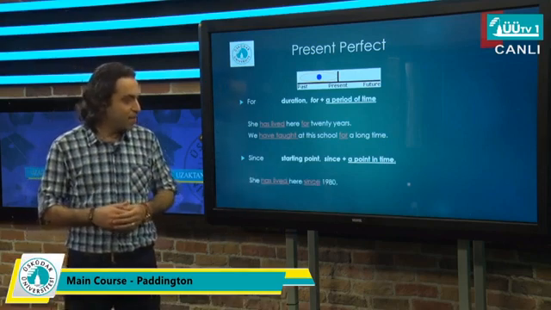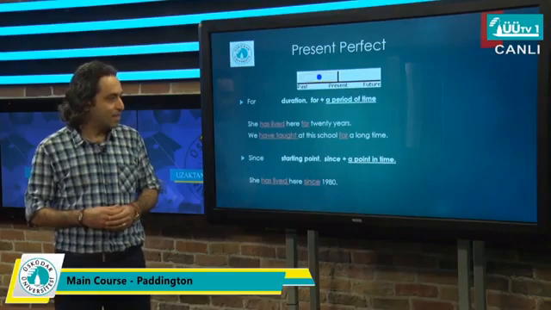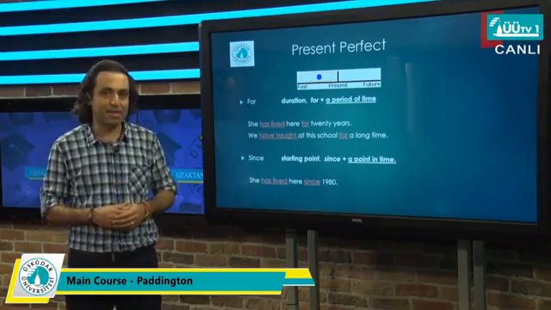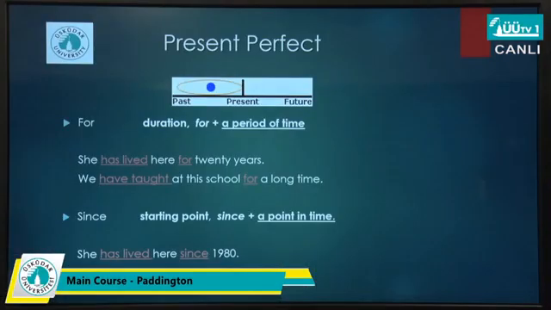She has lived here since 1980. It is exactly like the example that we had for for, but you can see in the next one, after since we are referring to a date, the time that the action started. The other example, we have taught at this school since 1965. Again, it refers to the time that it has been started.